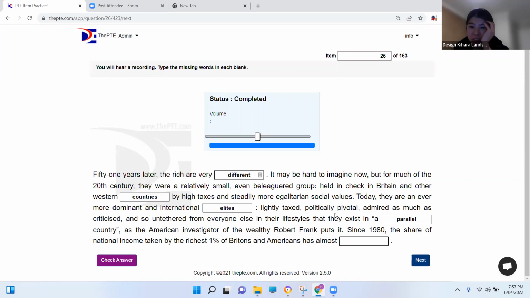Traveled. Anyone else? Doubled. Very good. Okay, no. I'll give you the meaning. You tell me the word. Three times. Tripled. How do you spell it?